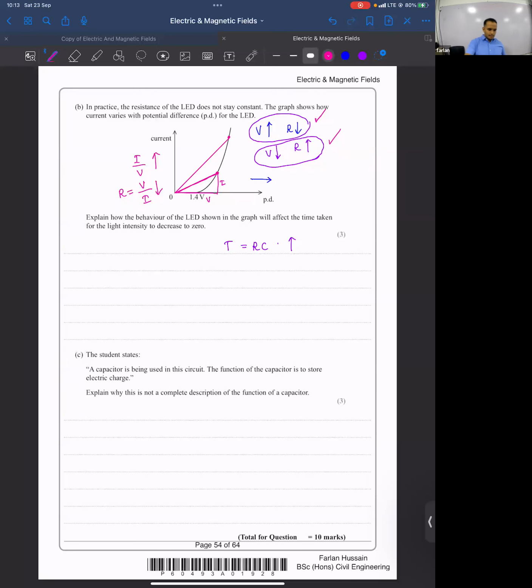As the voltage across the LED decreases, its resistance will increase. Full stop.